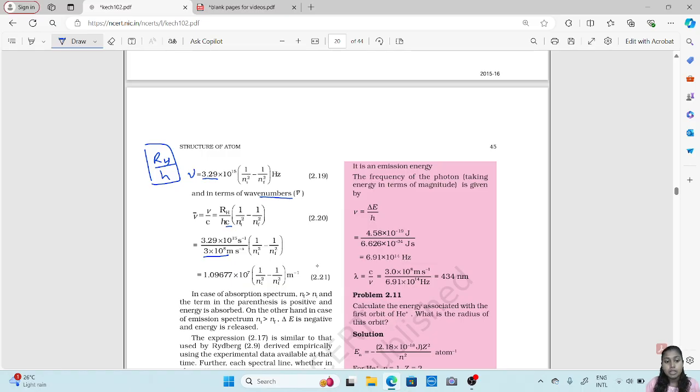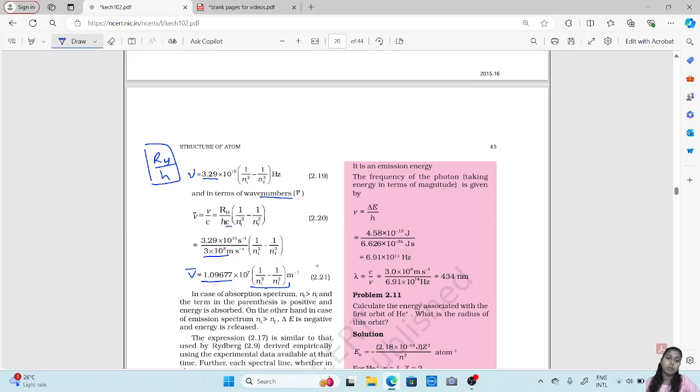That will come around 1.09677 into 10 raised to 7. This is how you can calculate the wave number.